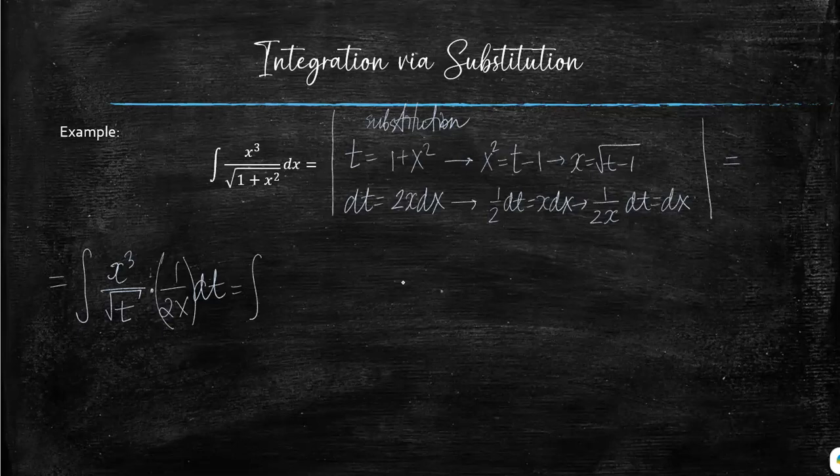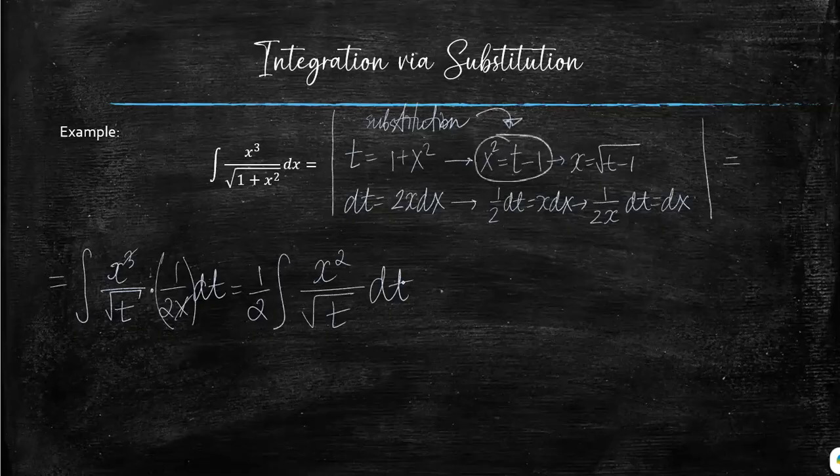I cannot get rid of all the x's. After I reduce this x, I still have 2 x's left over here. So we still have x squared. But now you look into your substitution section and see that x squared could actually be expressed as t minus 1. And that completes the substitution.